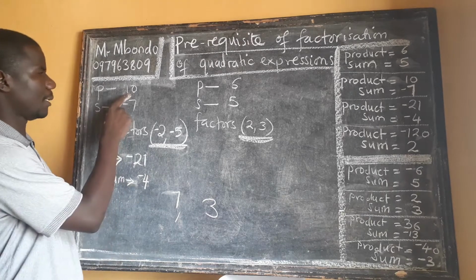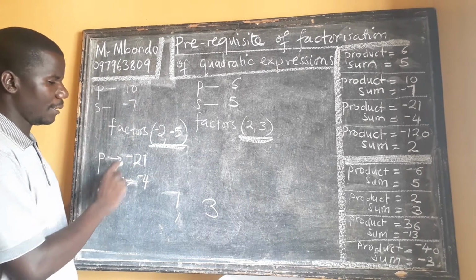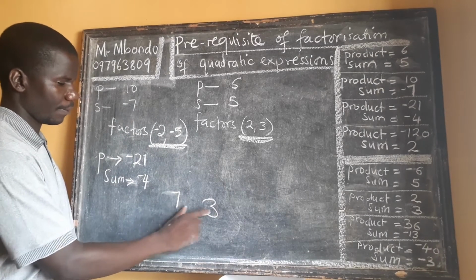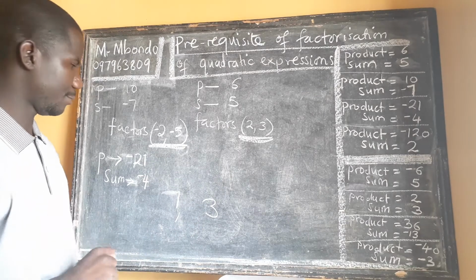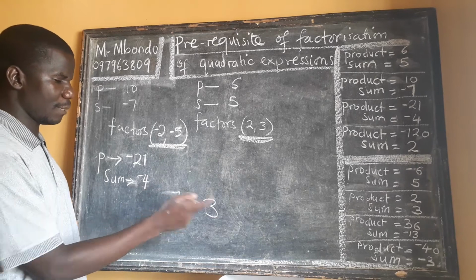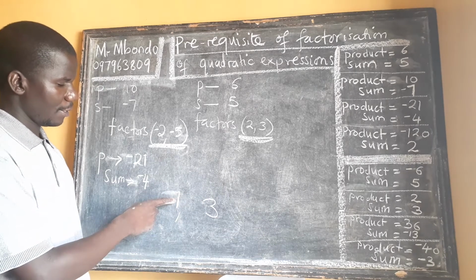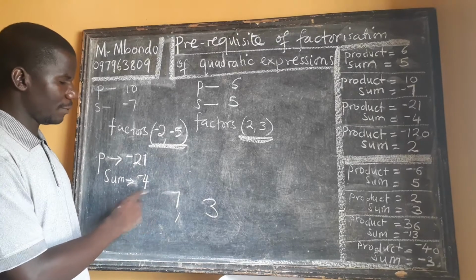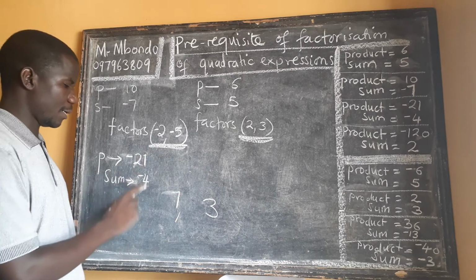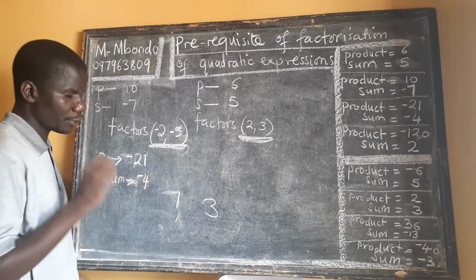If you look at this one, both factors are negatives, but this one's a positive. So the question now is, between these two, which one is going to bear a negative? What is going to determine? Because whether we put it here and multiply, we still get 21. Whether we put a negative here, it will still get 21. But then this one must also be true. Negative 4 must also be true.